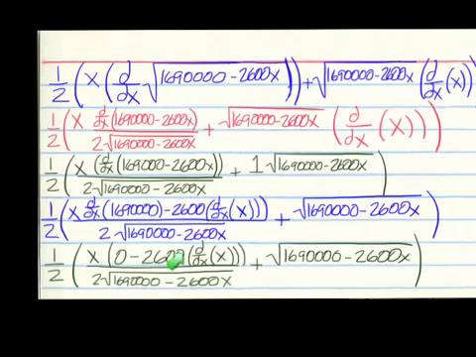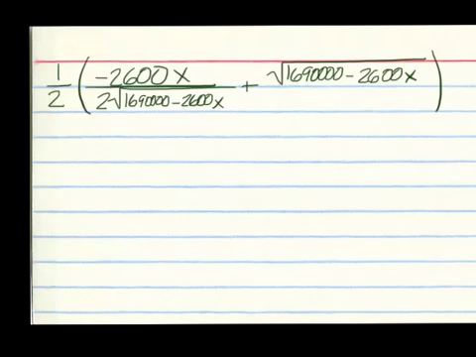Alright, so here's where we're at on this screen now. So we end up with a minus 2600x on top here, and that's all that's happened so far from the last screen to this one. Now, from this point to the next line, here's what happens. Where did we get the negative 1300x from?